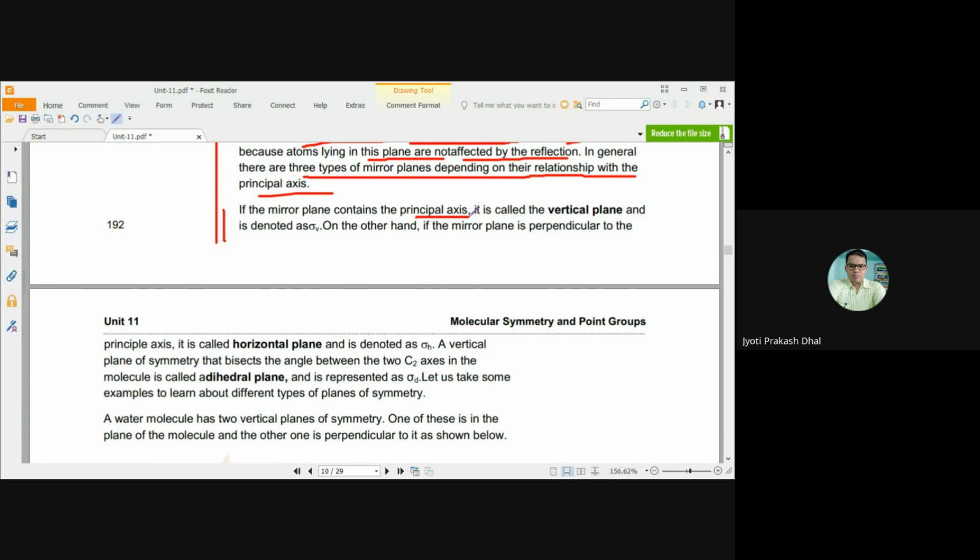Now if the mirror plane contains the principal axis of rotation, it is called a vertical plane and it is denoted as sigma v. On the other hand, if the mirror plane is perpendicular to the principal axis, it is called a horizontal plane and it is denoted as sigma h.